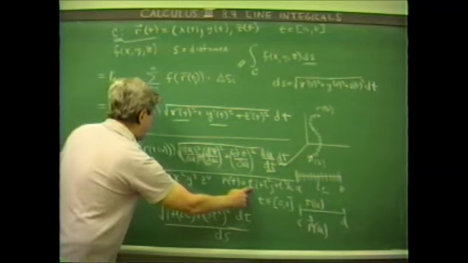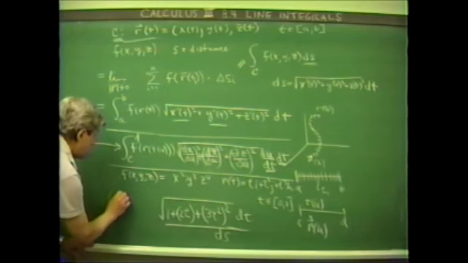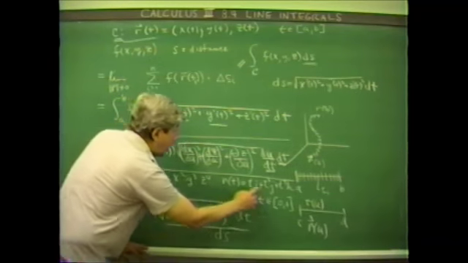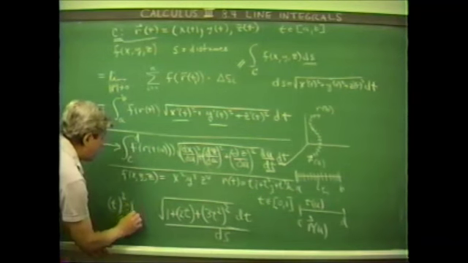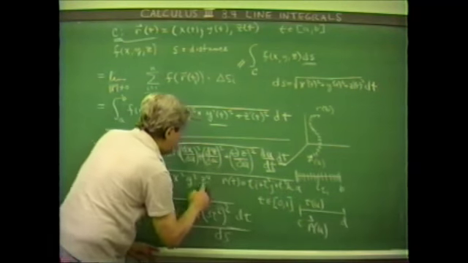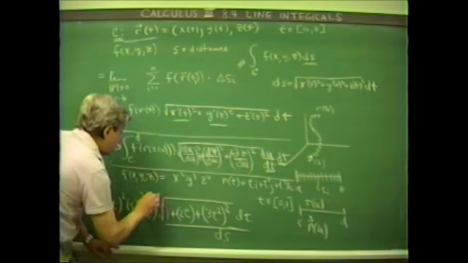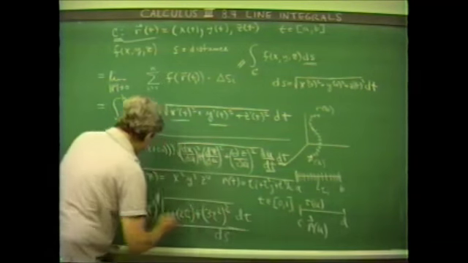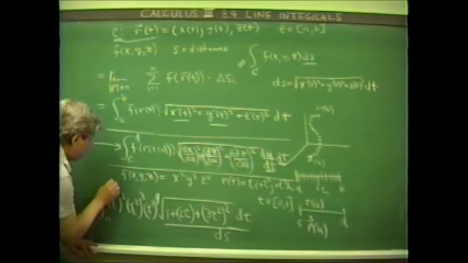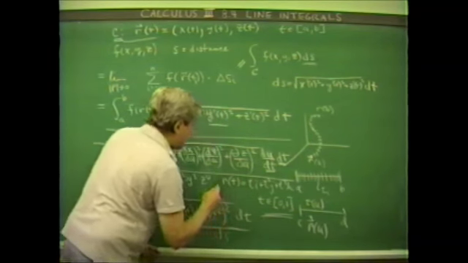So for x we put in t, so we're going to get t squared times y, which is t squared, so we're going to cube that, so that's t squared cubed. z is t cubed, so we want to take that to the fourth power, so we get t cubed to the fourth power. We want to integrate this from 0 to 1, because that's where t describes the particular curve.